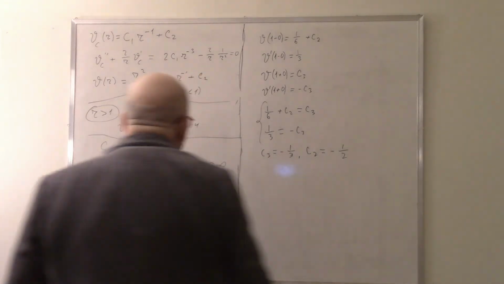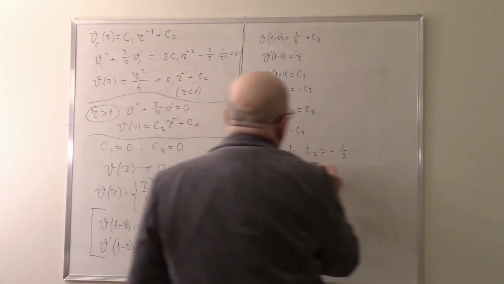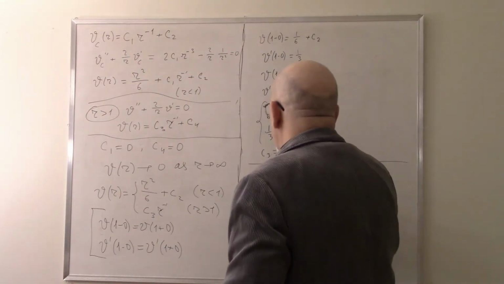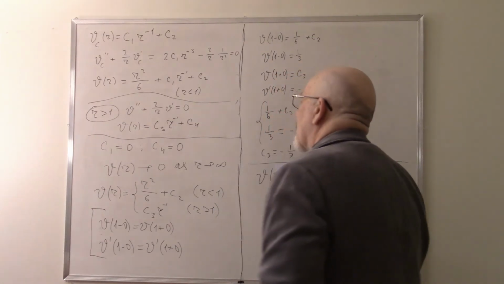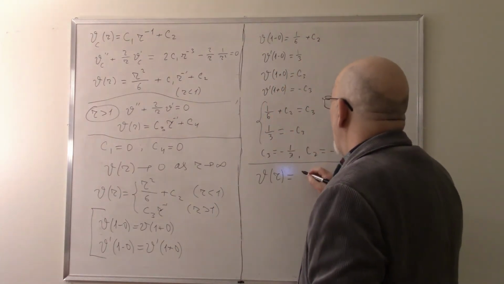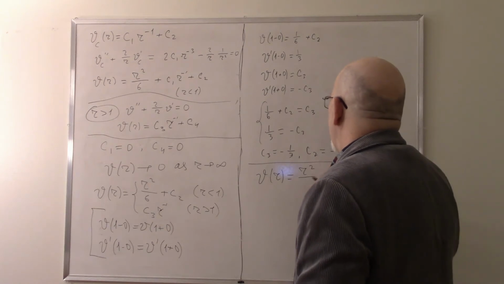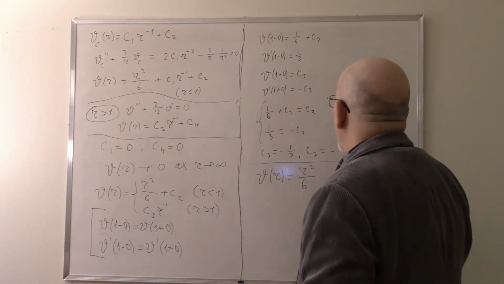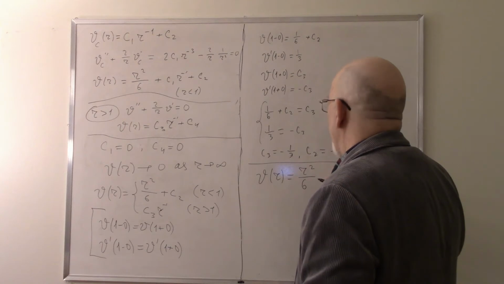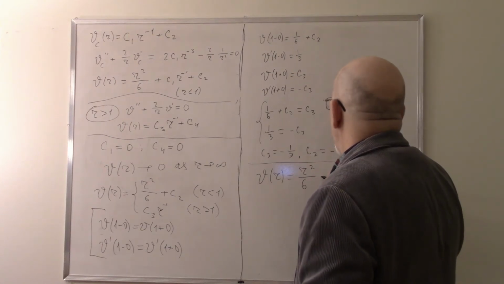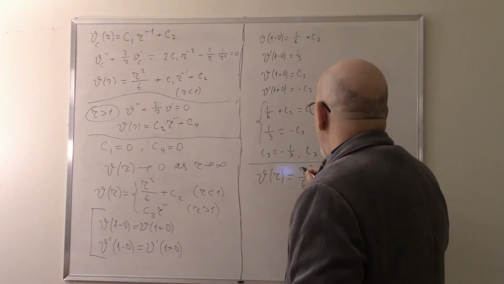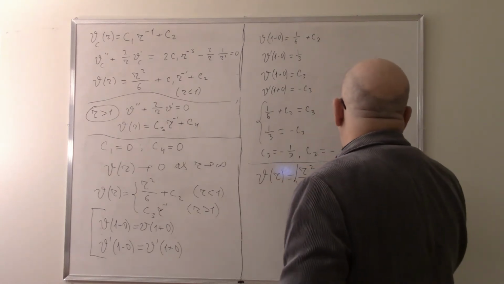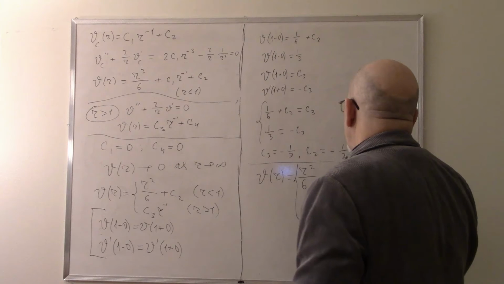And after all, we have the following solution. V of r equals r squared divided by 6 minus 1/2 if r is less than 1.